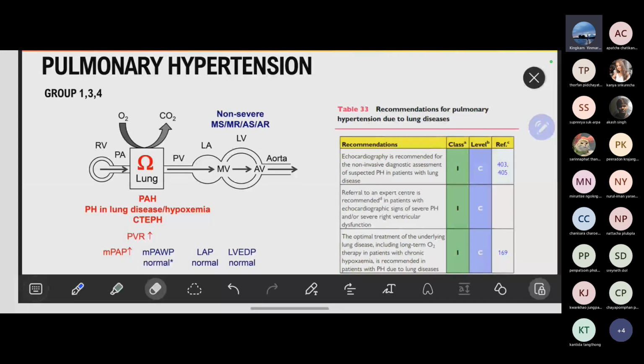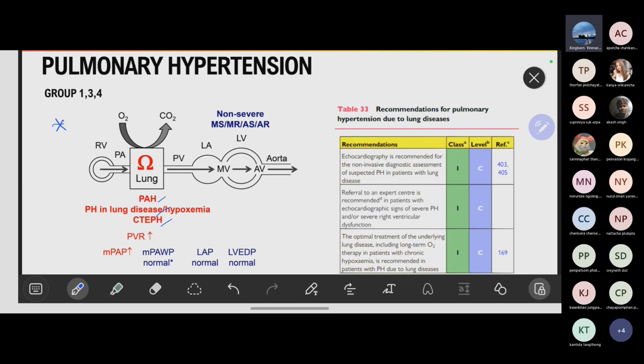This diagram shows the hemodynamics of pulmonary hypertension due to pulmonary arterial hypertension, lung disease, or in patients with CTEPH.